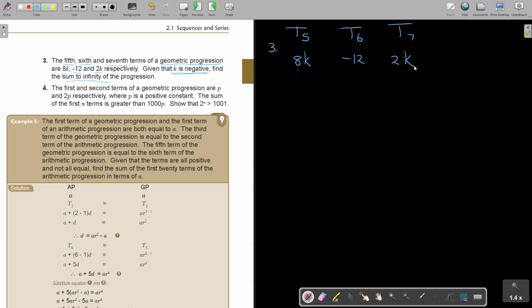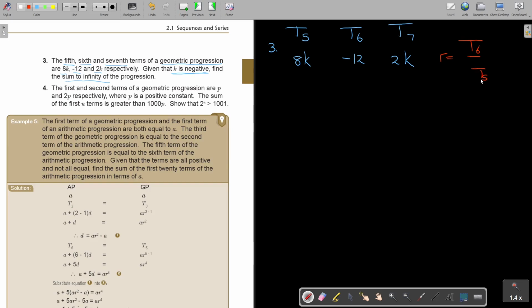Okay, now basically, because I have all three, there's a variable. I know that to get the value of r, it's always the back divided by the front.